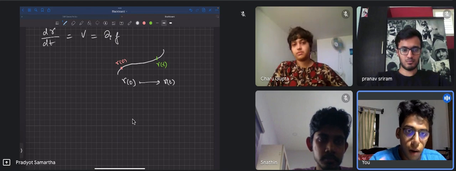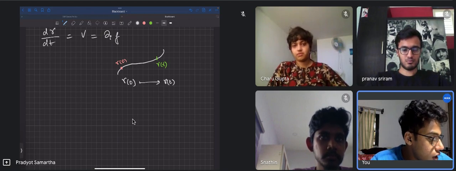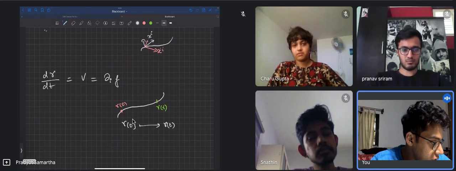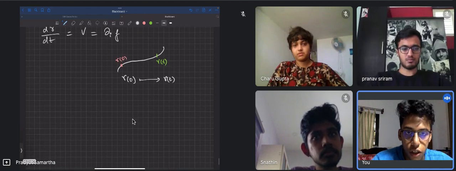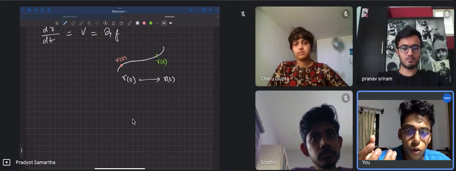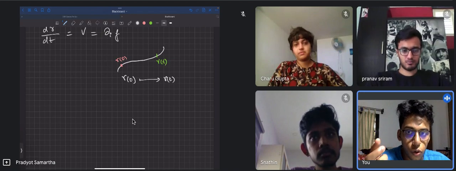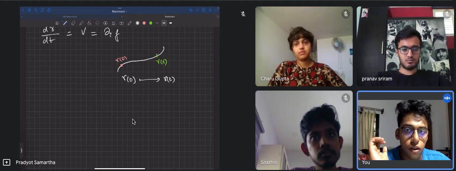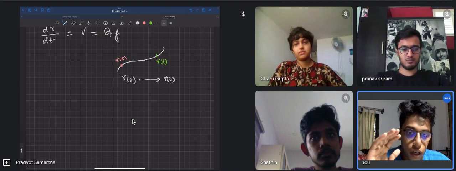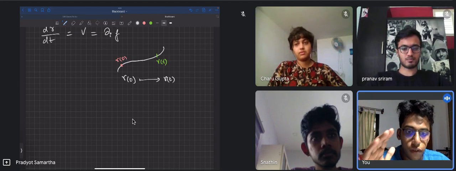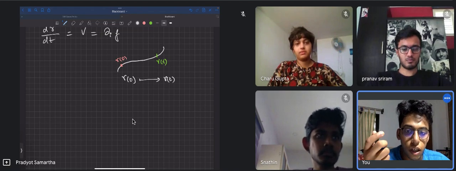Remember we spoke about the existence of a basis at each point on the vector space. We construct a basis in such a way that you get the directional derivative according to that basis at each point.